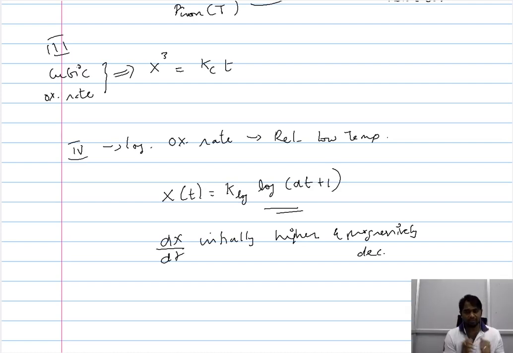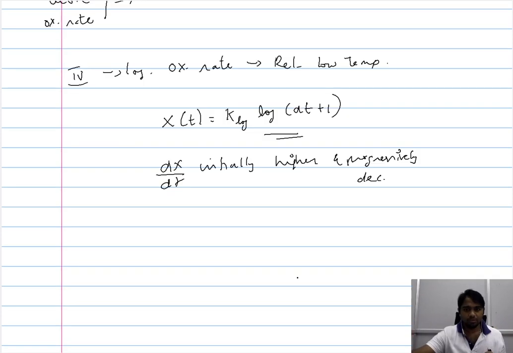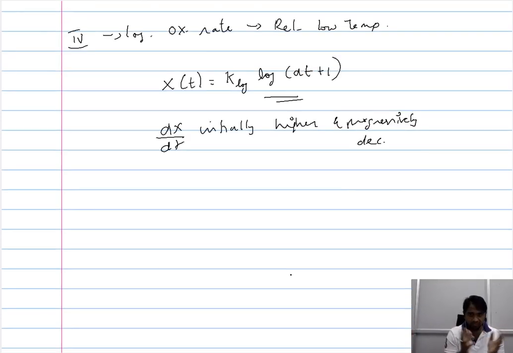So before winding this lecture up, I just wanted to tell you how physically these different oxidation rates are observed. Even though it is easy for us to theoretically formulate a specific oxidation rate by considering which event governs that particular oxidation, physically it is rather convoluted.